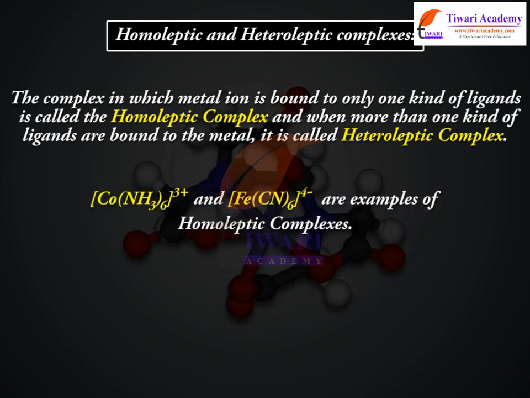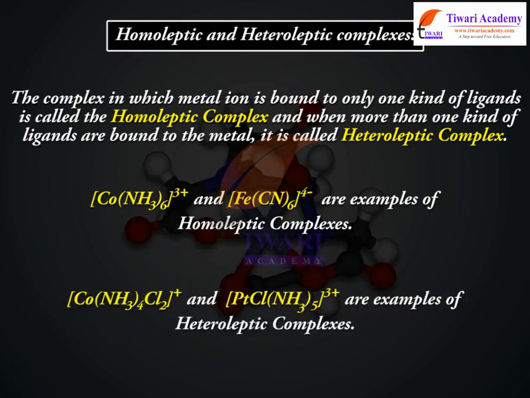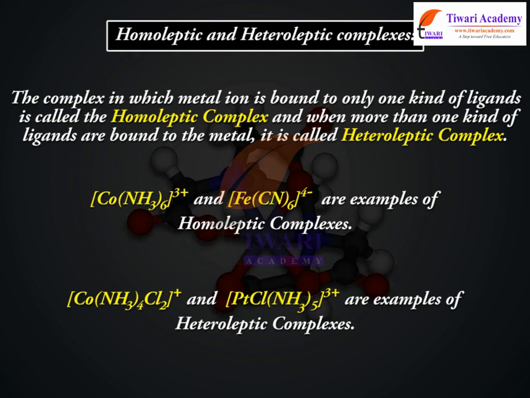[Co(NH3)6]3+ and [Fe(CN)6]4- are examples of homoleptic complexes. [Co(NH3)4Cl2]+ and [PtCl(NH3)5]3+ are examples of heteroleptic complexes.